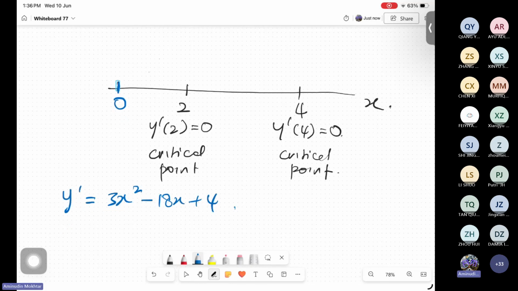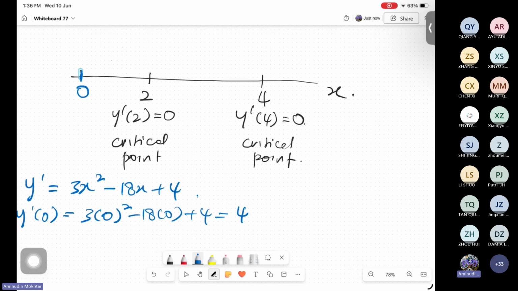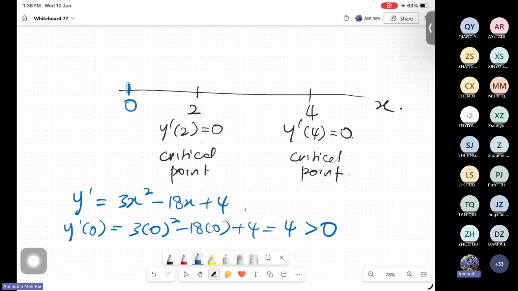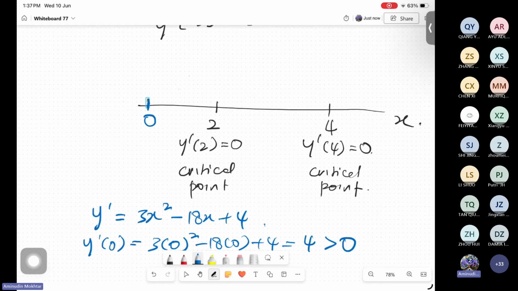If x equals 0, 3 times 0 squared minus 18 times 0 plus 24, the answer is 24. That is positive. So in that area, when x equals 0, for example, y prime of x is positive.